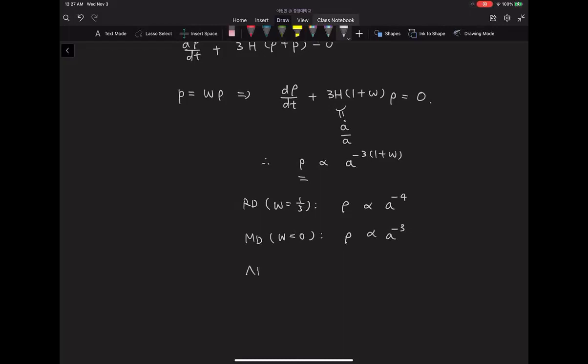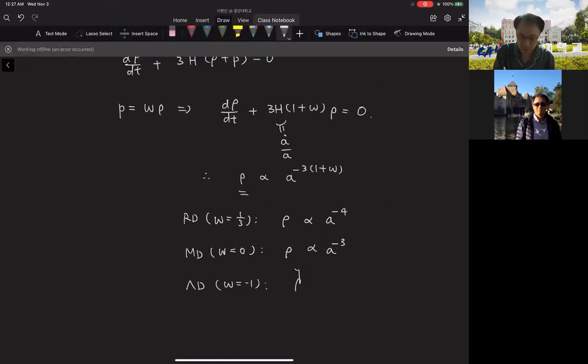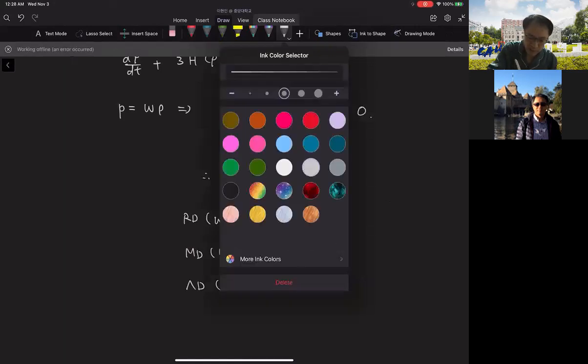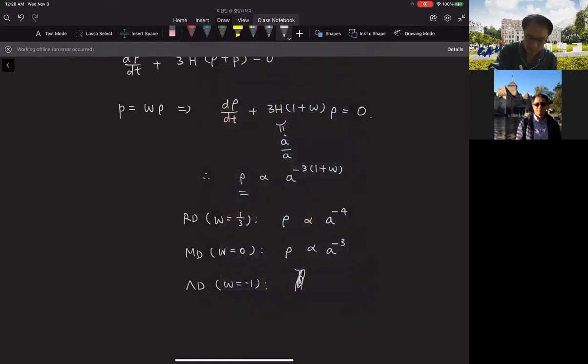And when vacuum energy lambda dominates, W equals -1, then the energy density becomes constant.